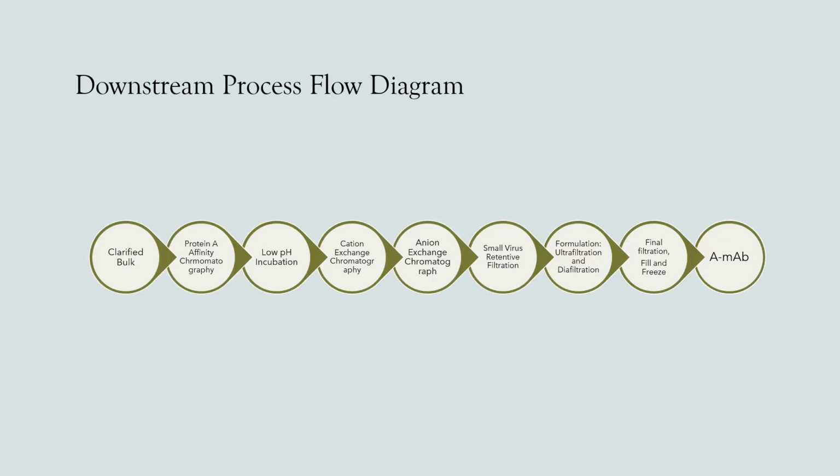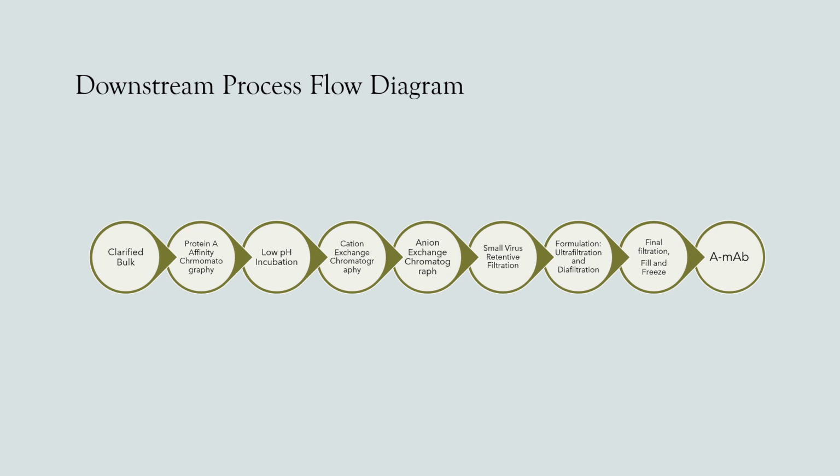So this is just an overview flow diagram of the downstream process, where you get your clarified bulk, clarified through centrifugation and depth filtration, and then you use chromatographic techniques to further purify it. So this is protein A, but you can use other proteins dependent upon the antibody.